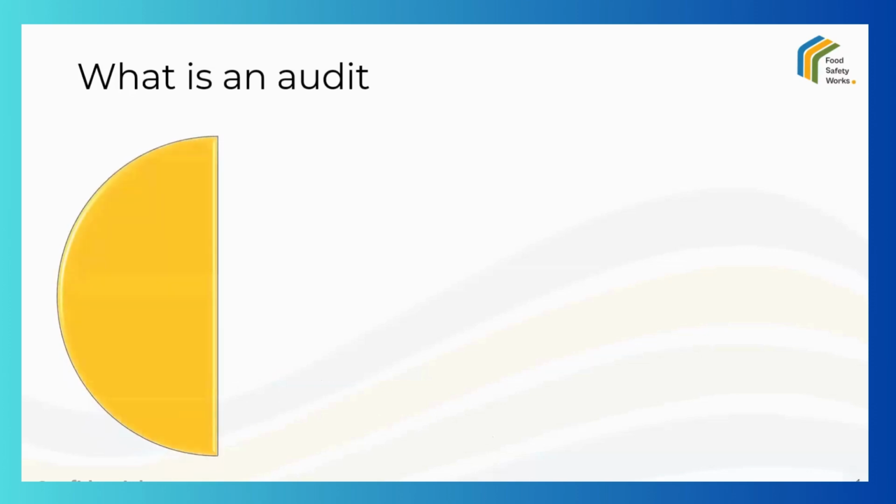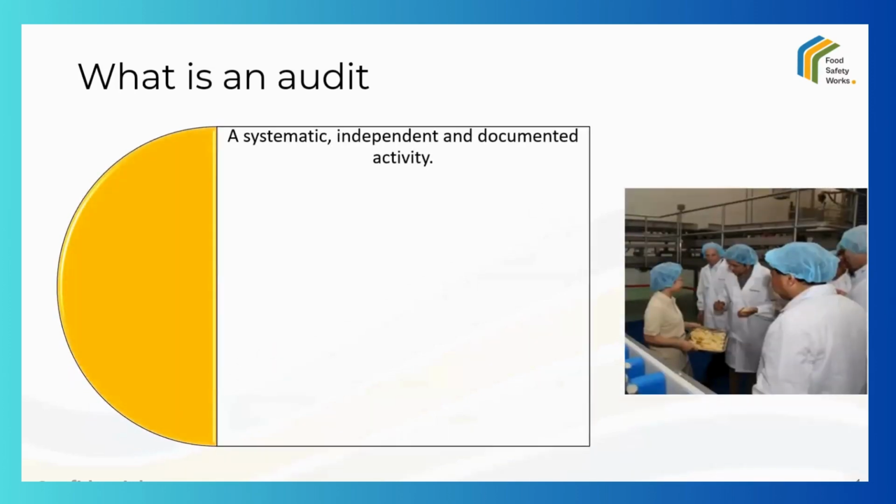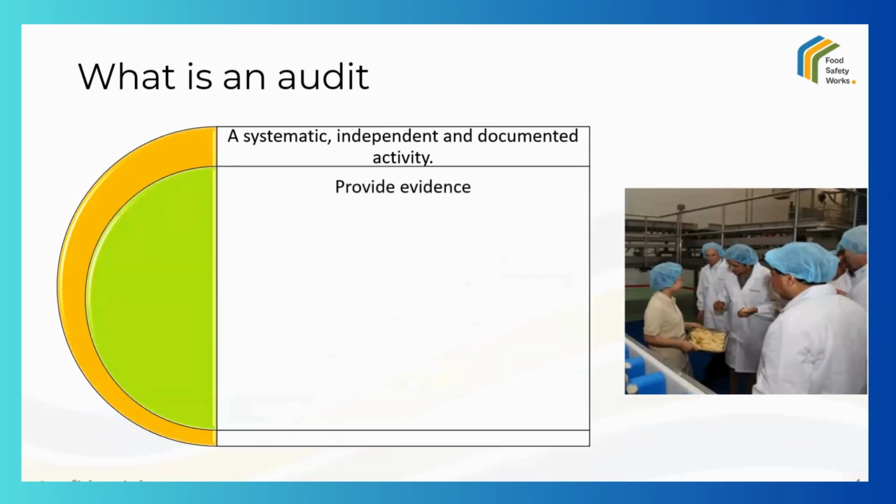A food safety audit is basically a systematic, independent, and documented activity in which objective evidence is gathered and assessed to determine if a food safety system is appropriate and effective. An audit helps determine if hazards are properly identified and controlled or eliminated.